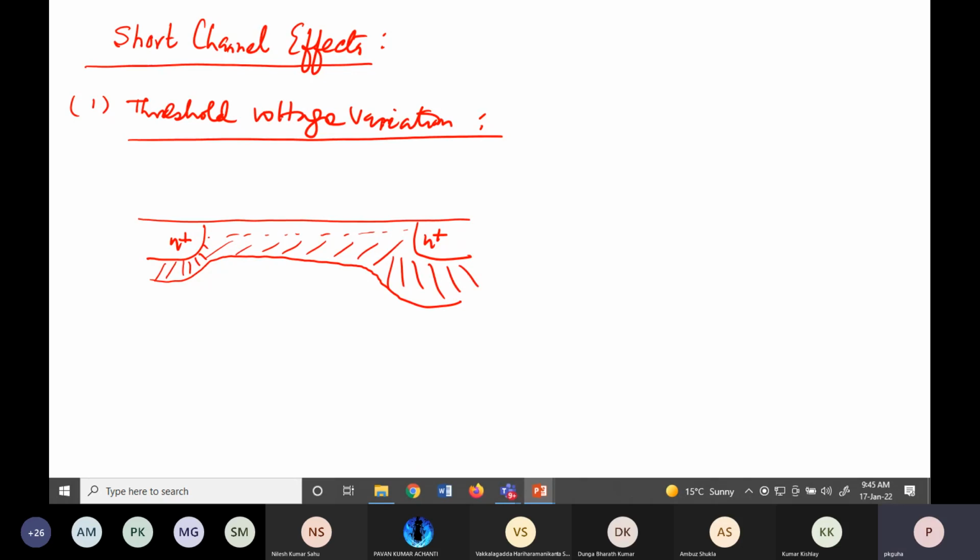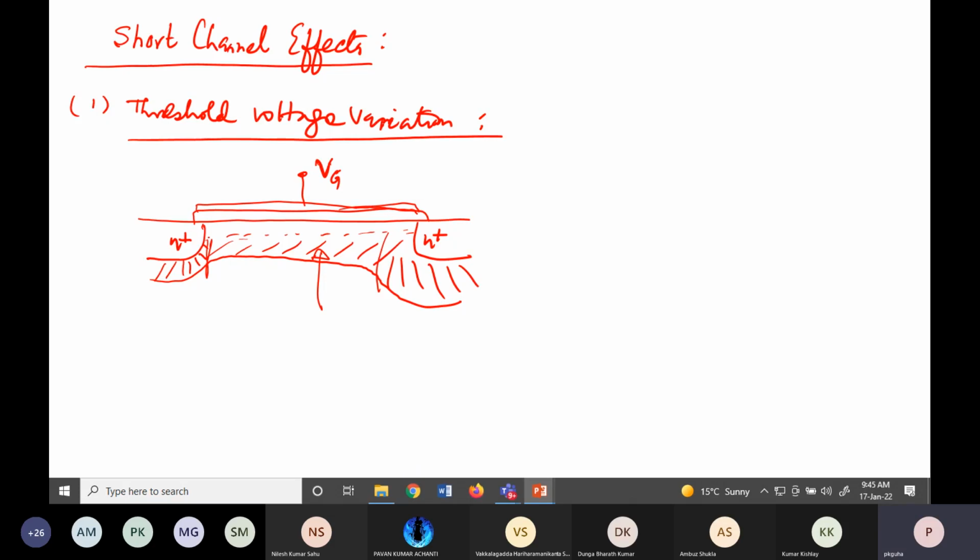Now in the case of long channel, when we talk about threshold voltage, there is a polysilicon gate or metal gate, whatever it is. We need to apply supply voltage to form this channel. So the threshold voltage, whatever it is, the immobile charge has an important role to play for the threshold voltage, right?